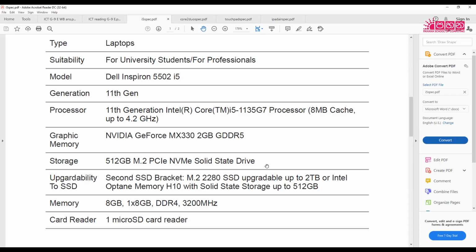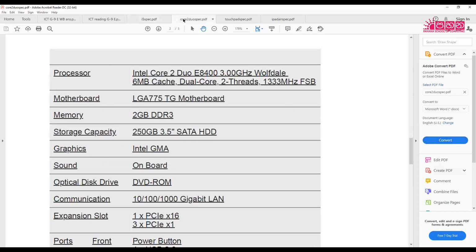What is the size of the hard disk? Look at the storage. 512 GB. Yes. So in this machine, the hard disk space is 512 GB. It's a solid state drive. So the recent ones, they are quite faster, not a traditional hard disk. Now what we have is what we call solid state drives. So they are faster than normal hard drives, right? So that's what you will see here. Okay, next one.